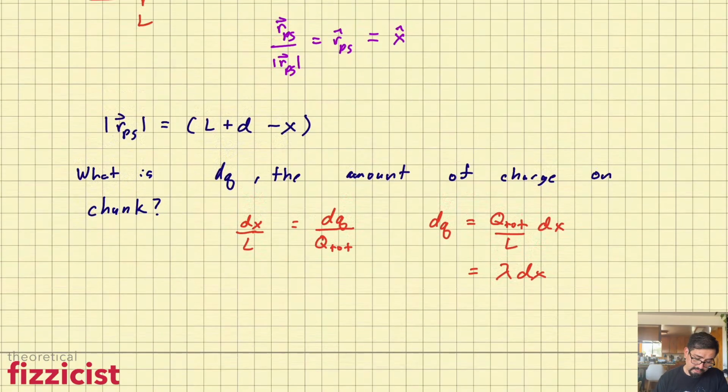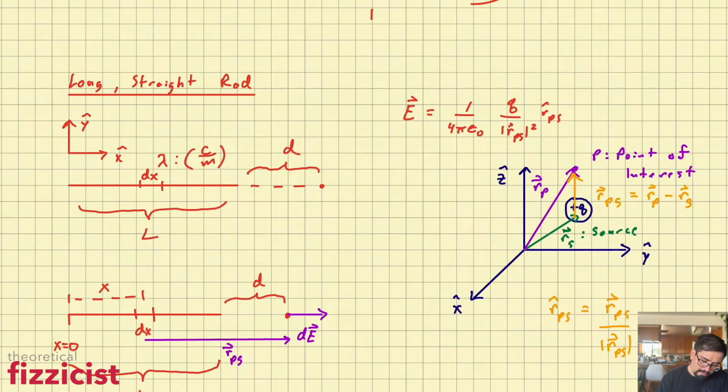Excellent. So now take a look. For our little chunk that we are calculating the electric field for, we have its charge, we have its distance squared, we have the unit vector that corresponds with it, and the Coulomb constant comes for free. We can finally write down our expression for the electric field created by this little chunk.